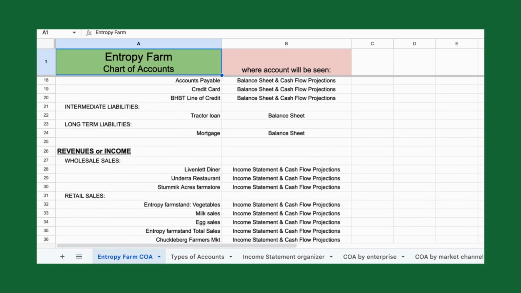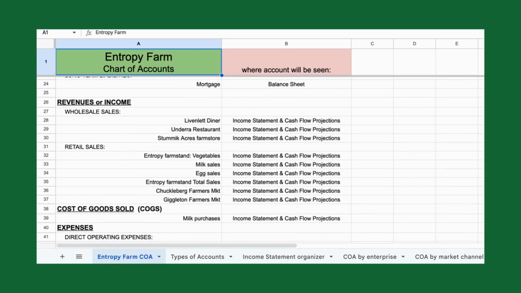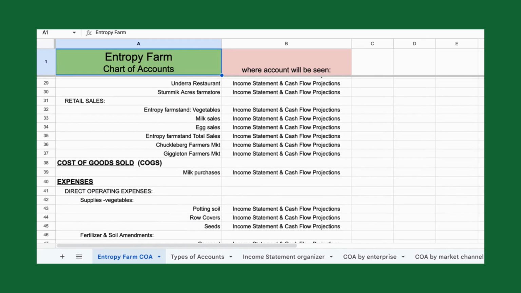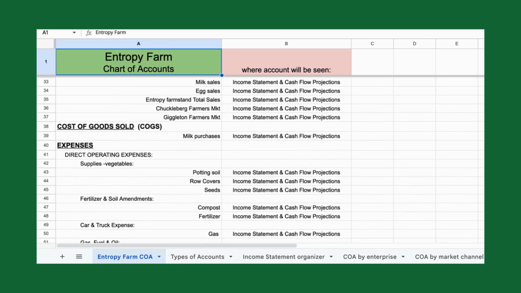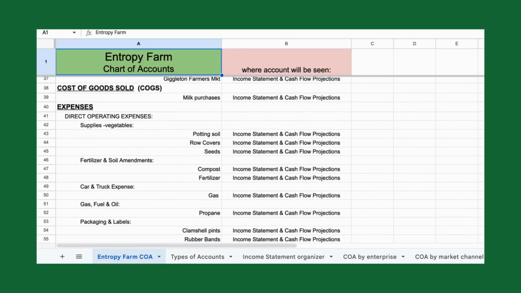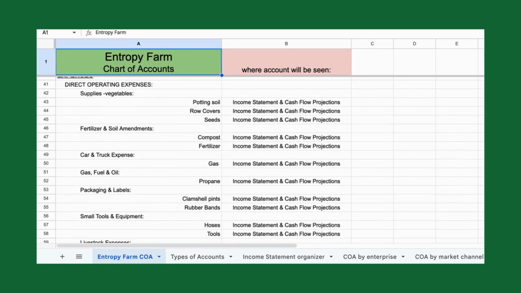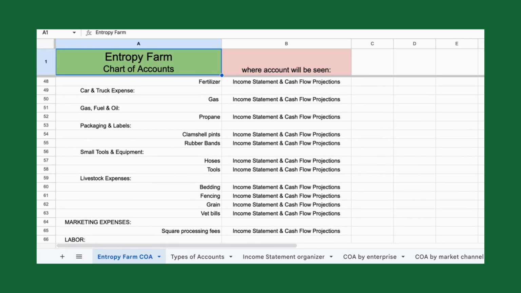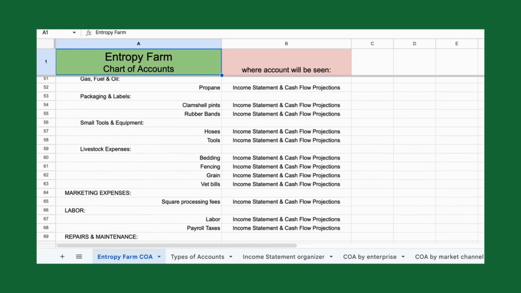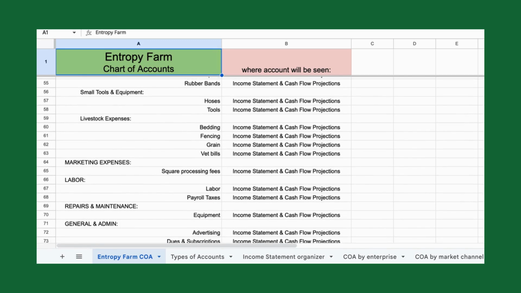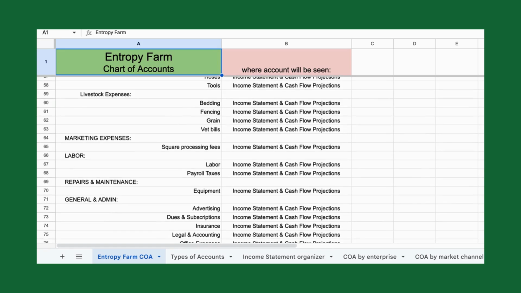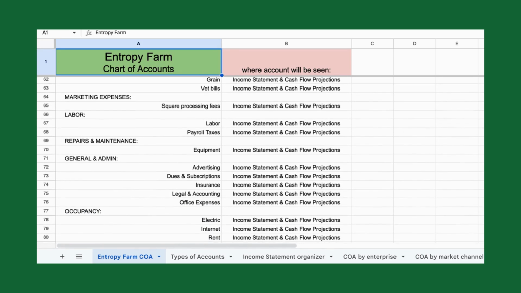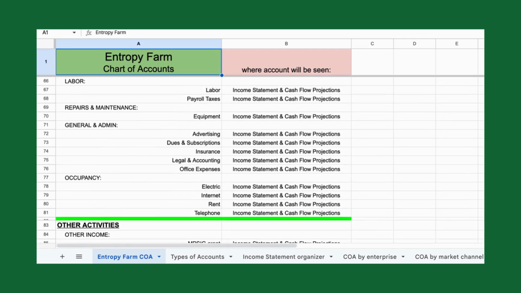Pieces of it live in varying places. You won't see accounts like your long term assets or your long term liabilities on an income statement, and you won't see income or expense accounts on your balance sheet. But you do see a few crossovers like your bank accounts and parts of your current loan liabilities on both a balance sheet and a cash flow projection.